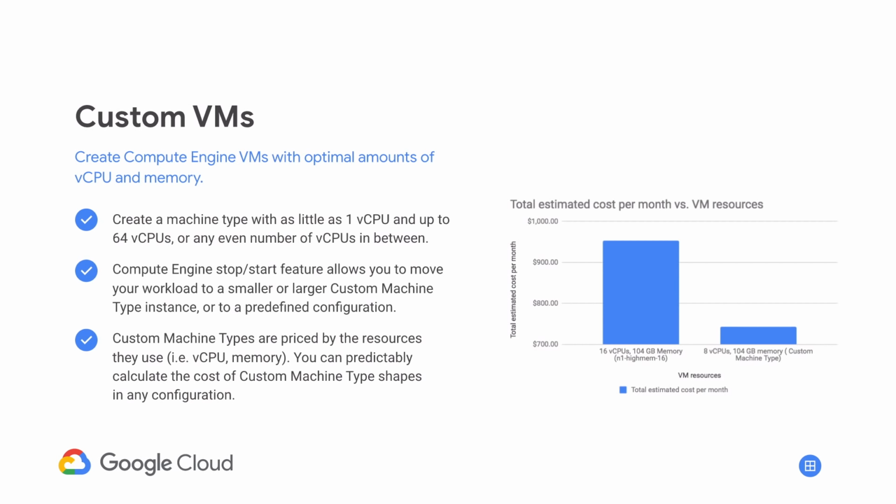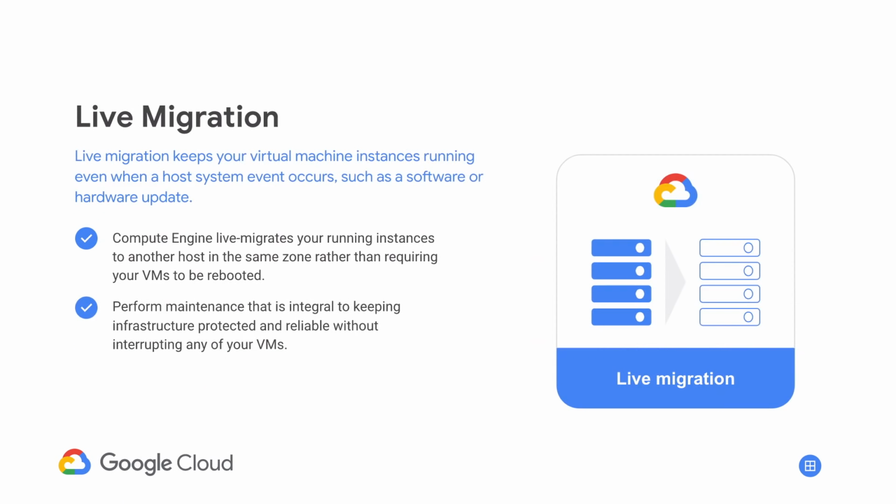But if your workload is memory intensive but not CPU intensive, by going the custom VM route, you can remove 8 vCPUs from your configuration, therefore saving you cost. Your workload still runs without any performance degradation, but you're saving quite a bit on a month-to-month basis. That's a unique feature in GCP.